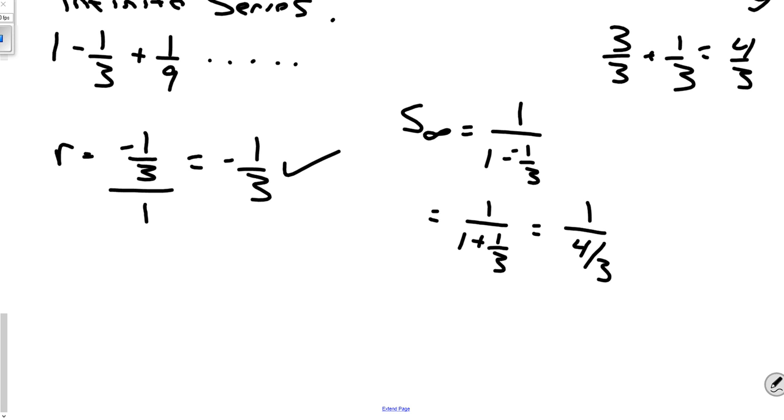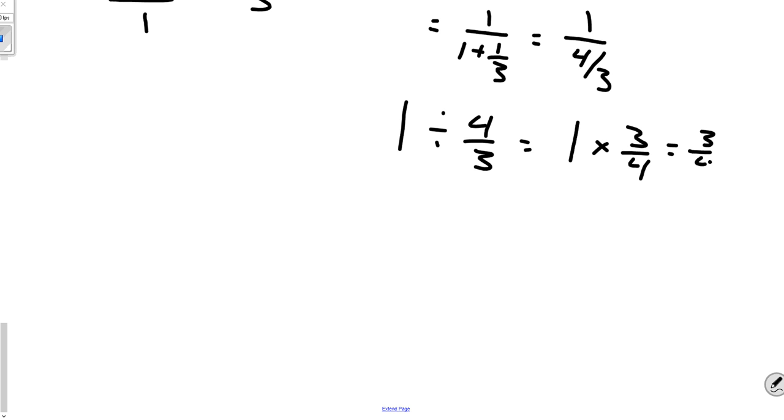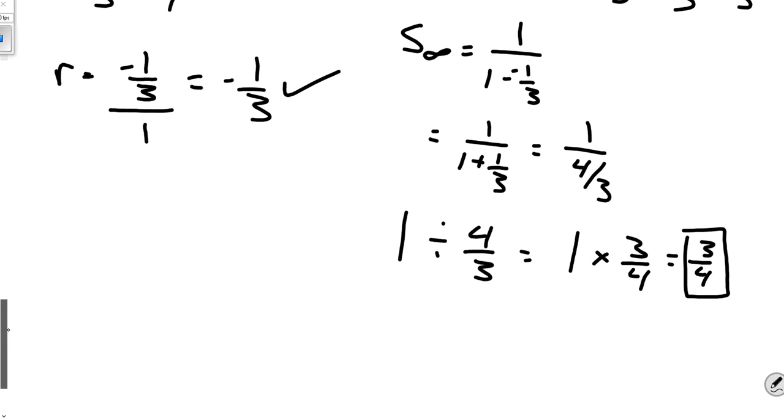I'll show this once with the fraction just because you might see it. 1 divided by 4/3 looks like this. What's the rule for dividing fractions? Reciprocal. Yeah. You flip and multiply. You multiply by the reciprocal. Okay.